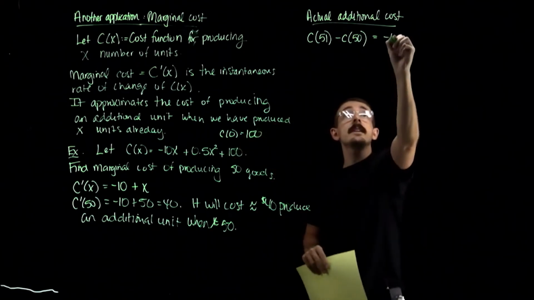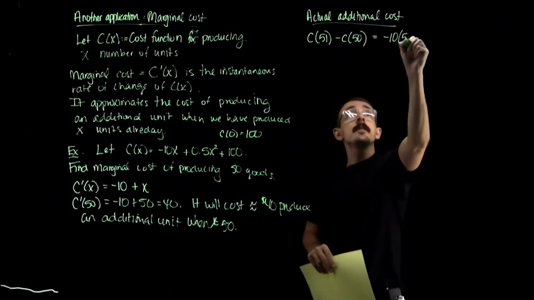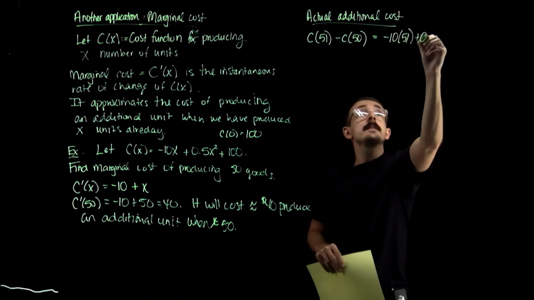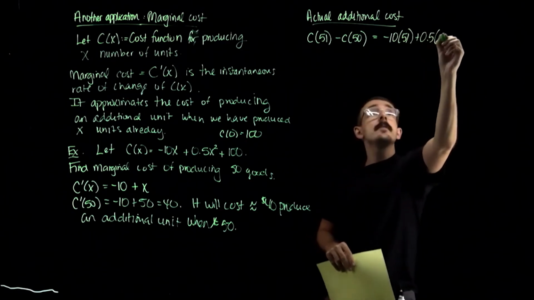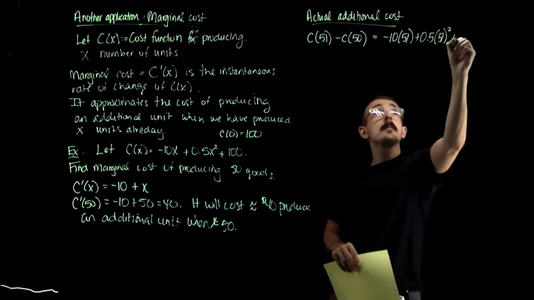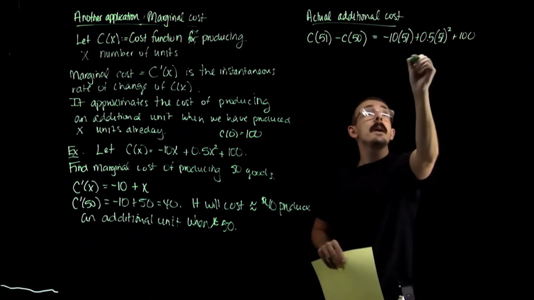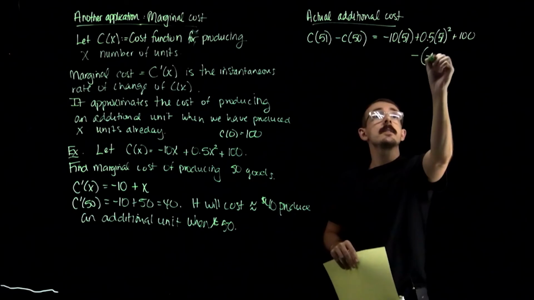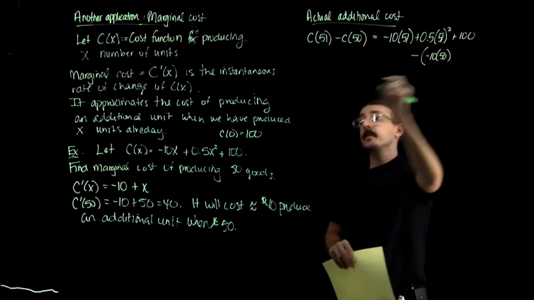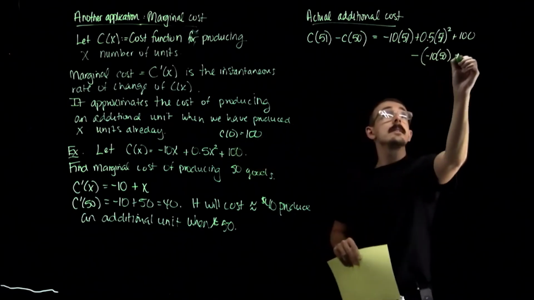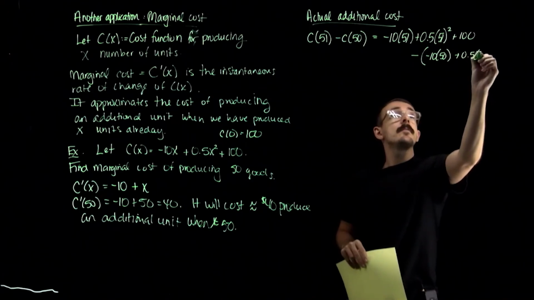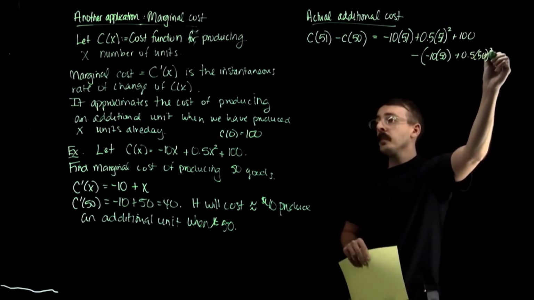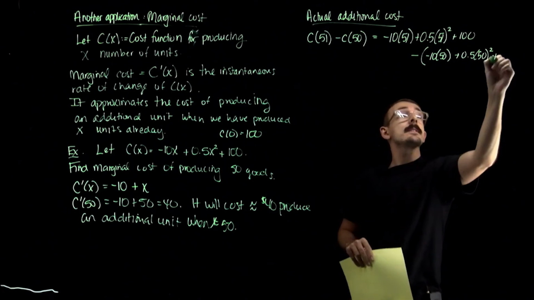So I'll get negative 10 times 51 plus 0.5 times 51 squared plus 100, minus, I'll go down here because I need some room, plug in 50 into the cost function. So negative 10 times 50 plus 0.5 times 50 squared, and then plus 100.